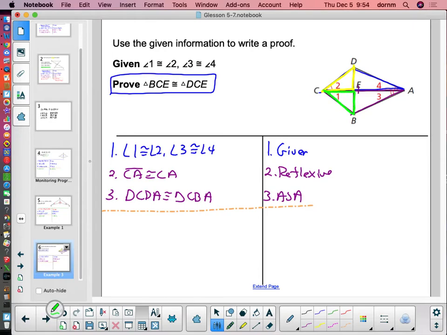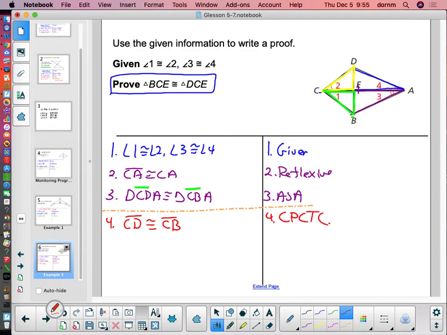Well, I already have angle 1 and angle 2. And now from this statement, I know CD and CB have to be congruent parts, right? Because these 2 triangles are congruent, CD and CB are corresponding parts. So now I know CD segment is congruent to CB because of, what's our reason?